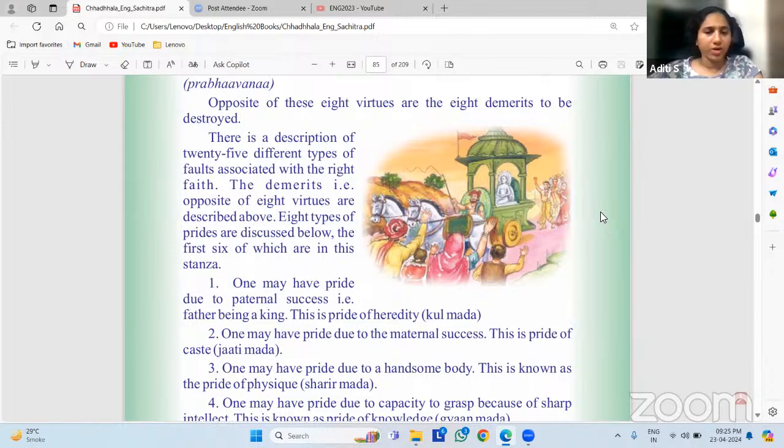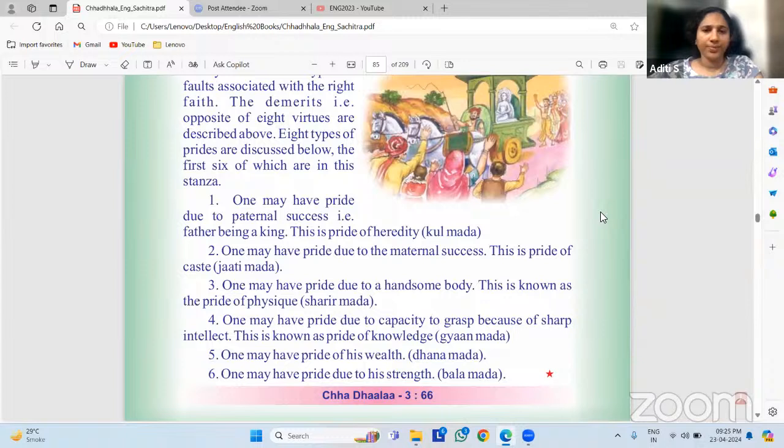One may have pride due to paternal success, that is, father being a king. This is pride of heredity, kul mad. One may have pride due to maternal success. This is the pride of caste, jati mad. One may have pride due to a handsome body.